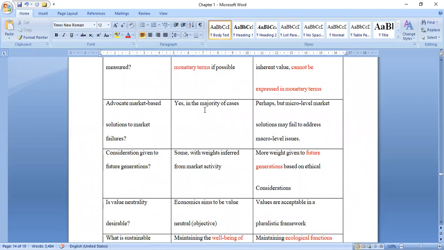And then in terms of market-based solutions, the environmental economists advocate for market-based solutions to solve market failure. We shall be looking at market failure in the next topics, but for simplicity, pollution is an example of a market failure.